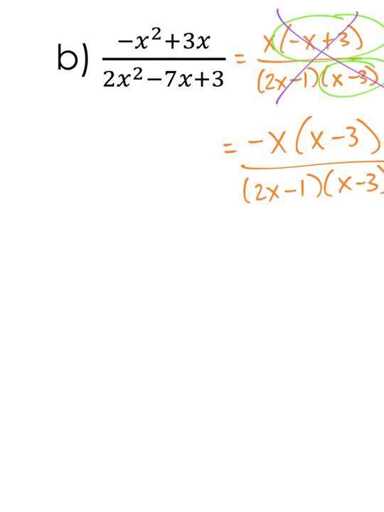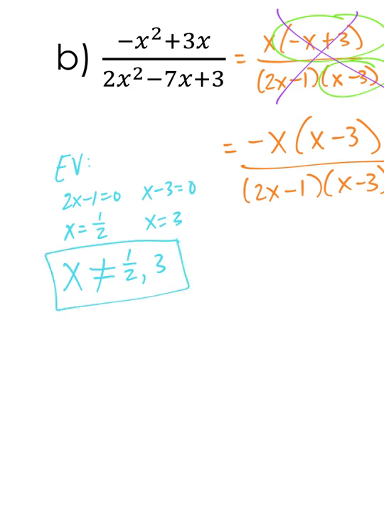Before I forget, I'm going to go ahead and do my excluded value. So I'm going to do 2x minus 1 equals 0, and I'm going to do x minus 3 equals 0. So I'm going to get x equals 1/2 and x equals 3. So x cannot equal 1/2 or 3.